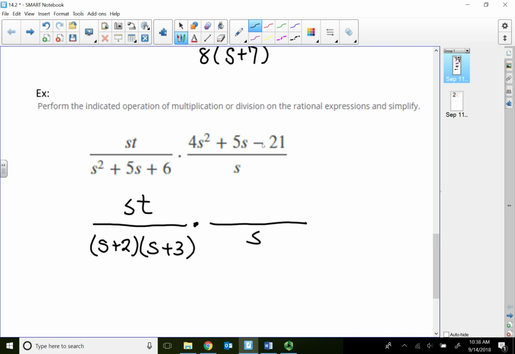All right, this is a trinomial on the numerator. Let's see, for 4s squared, two parentheses, let me use 2 and 2 for right now. For 21, I can use 3 and 7.